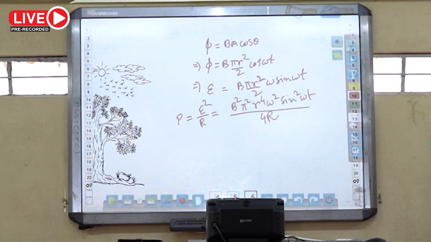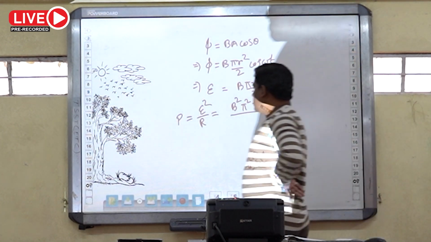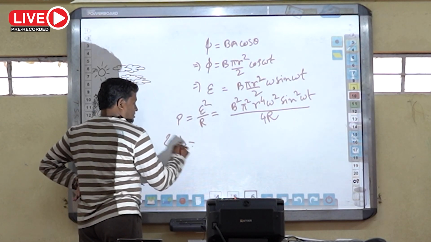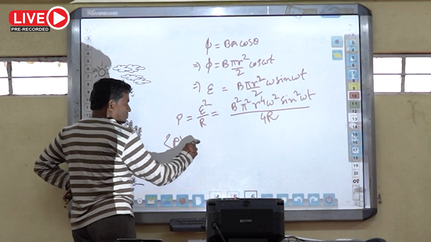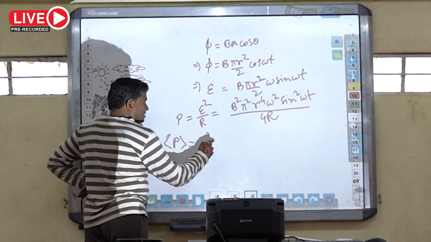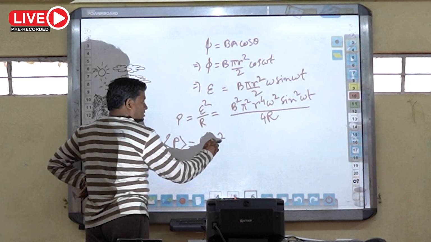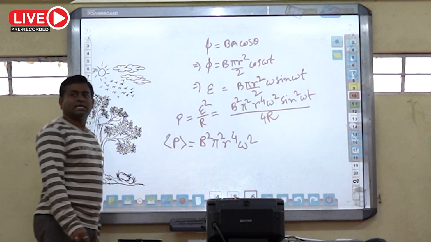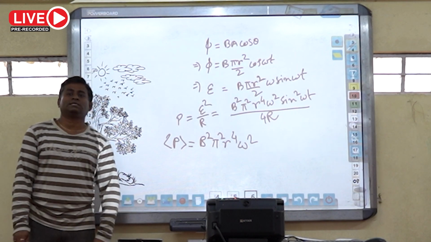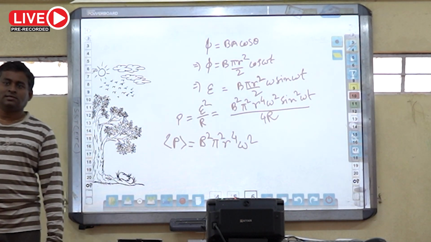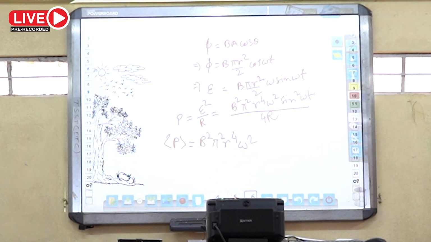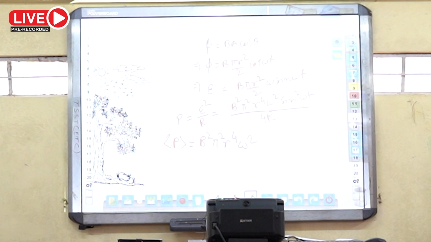Okay. Then average power. Average power means this one. This will be equal to B square pi square r to the power 4 omega square, times the average value of sin square omega t over a complete cycle, that is half.